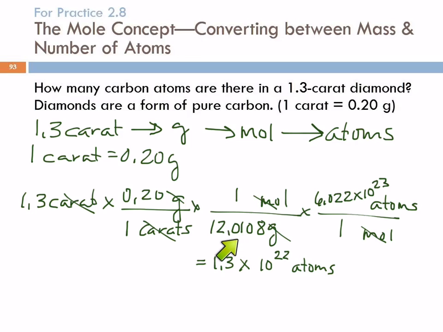We also don't want to introduce rounding errors. So what I would say is you want to use at least 4 significant figures in your molar mass. So if you want to do 12.01, that's fine. Carbon is really close to 12, and so if you rounded it to 12, it probably wouldn't cause a problem. But things like chlorine, if you round that to the nearest whole number, that's going to cause a problem. So don't get into the habit of rounding your molar masses to whole numbers. It's not a good idea.